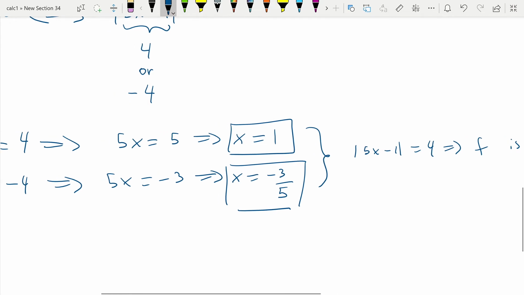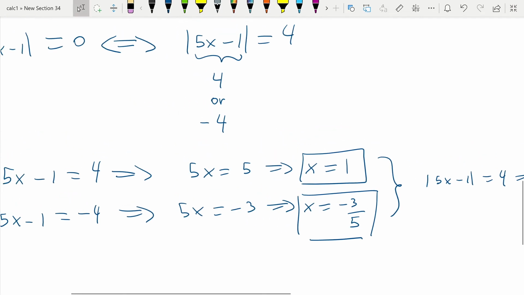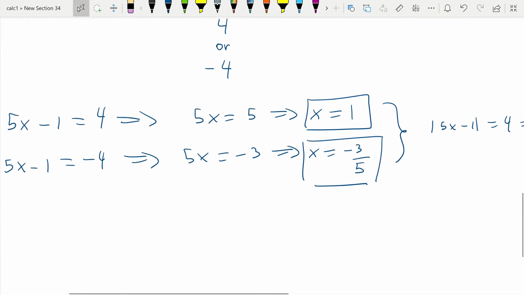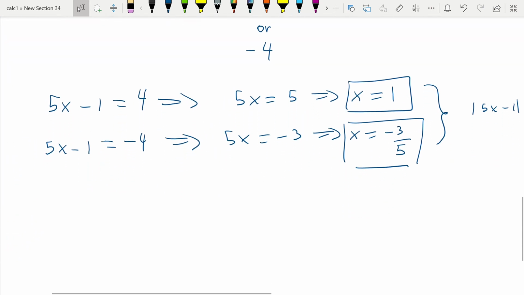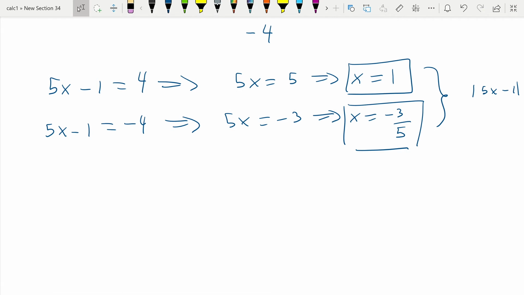Okay, so the only two points where f is discontinuous are where x is equal to 1 and x equals minus 3 over 5. And that's it.